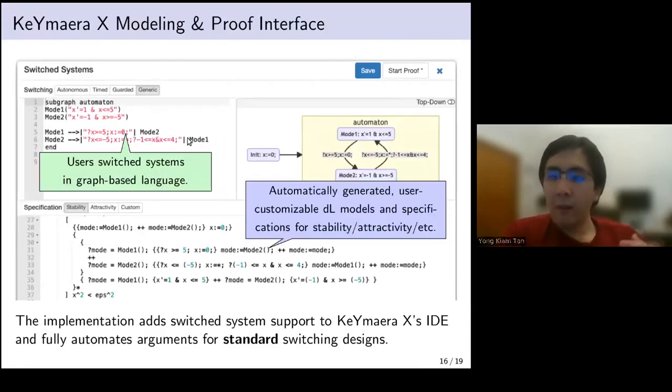And that brings me to the implementation. What we have done is provide a new package for switch system stability modeling and proof in KeYmaera X. Users can model switch systems in a graph-based prototype language, and we can visualize that system over here, and also automatically generate the model as well as the stability specification, as shown in this box over here.